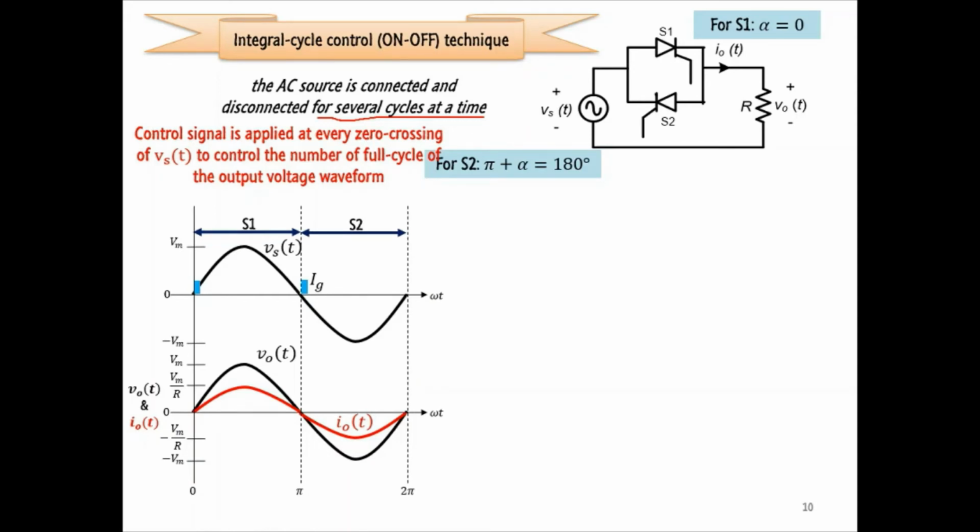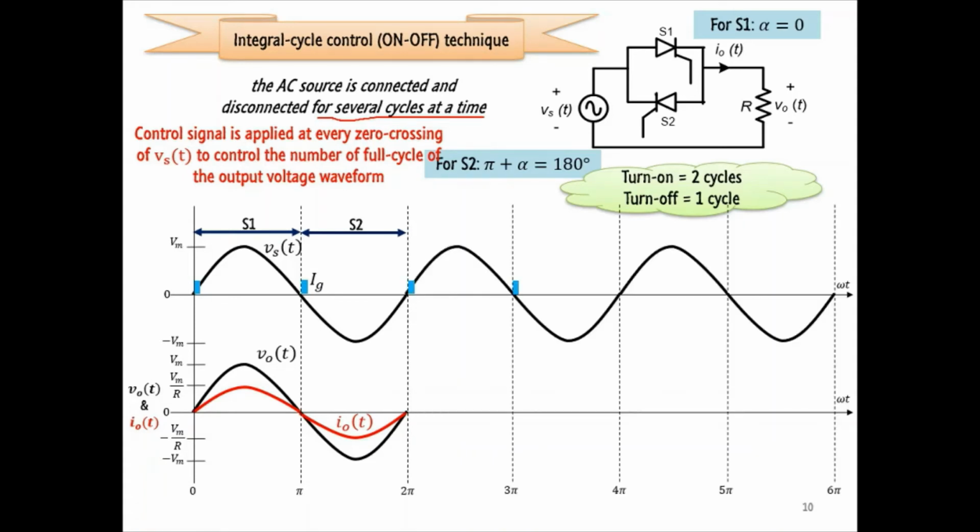If we want the thyristors to turn on for 2 cycles and turn off for another cycle, we can apply the control pulses as follows. From the graph, we can sketch the output voltage and current waveforms like this.